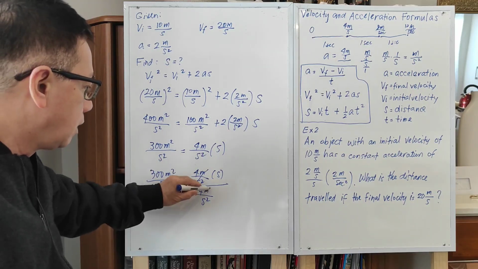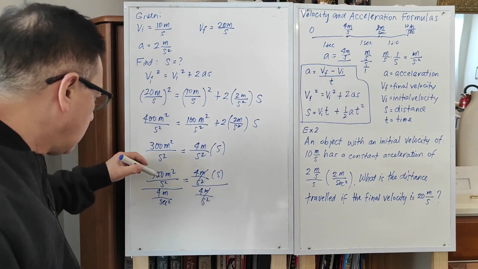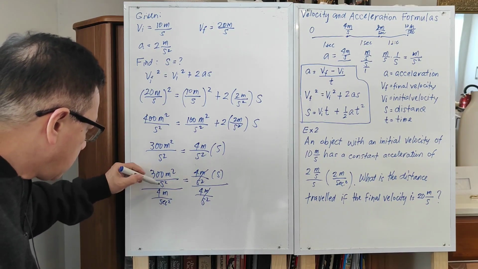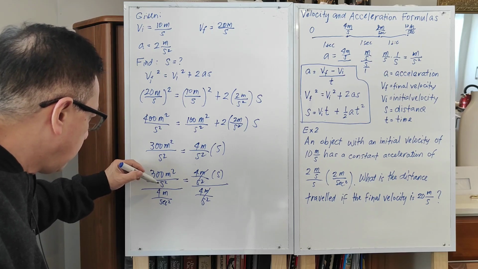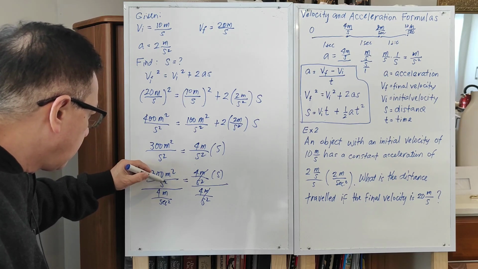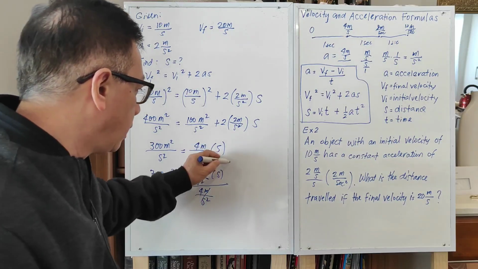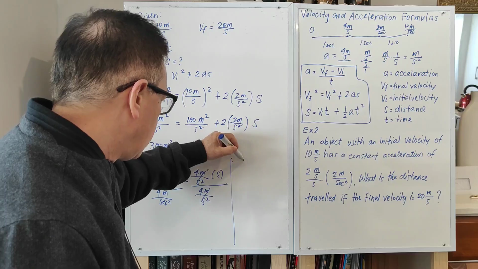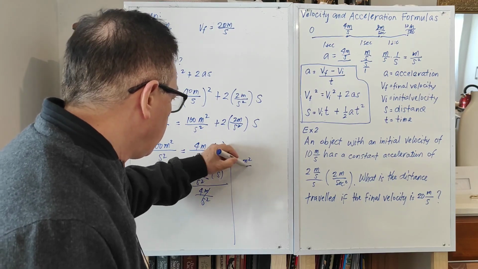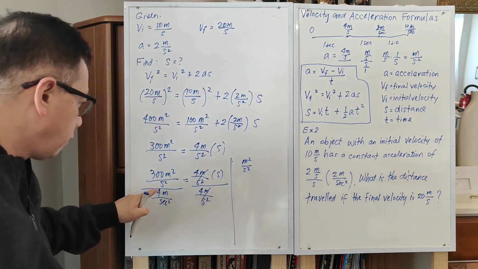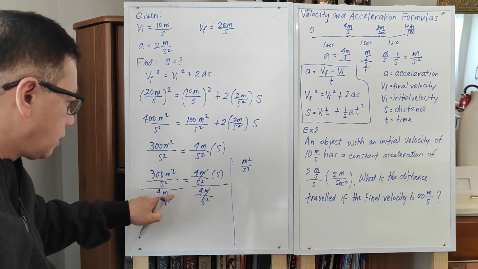This will cancel out, and the second squared and the second squared will also cancel out. Let us explain it further here. So you have meters squared per second squared. So this is division, so we do the reciprocal.